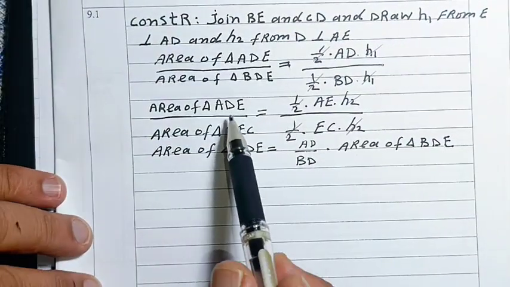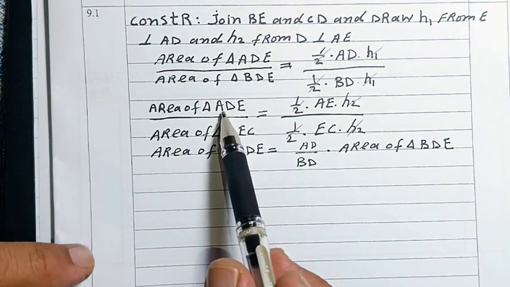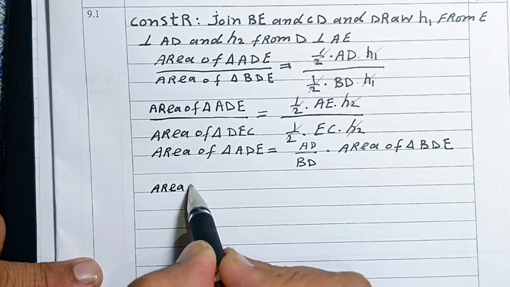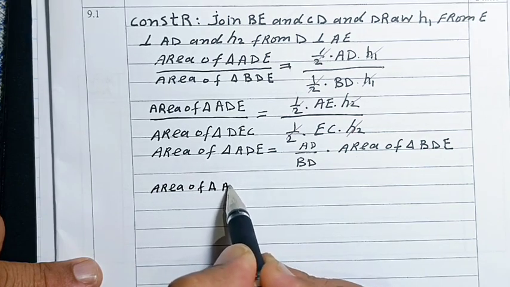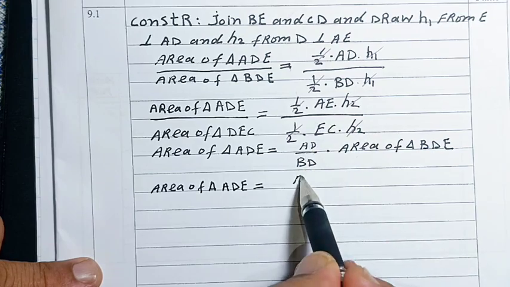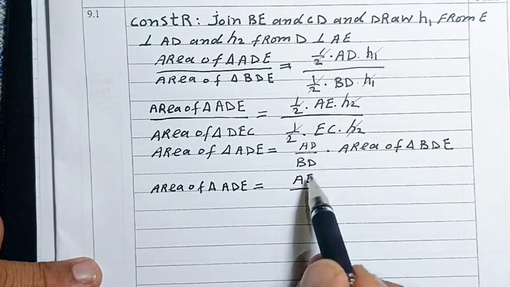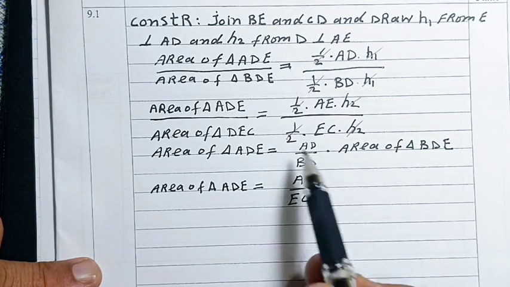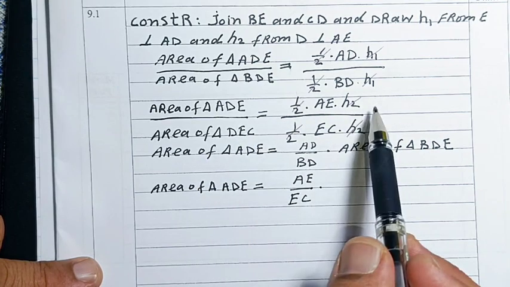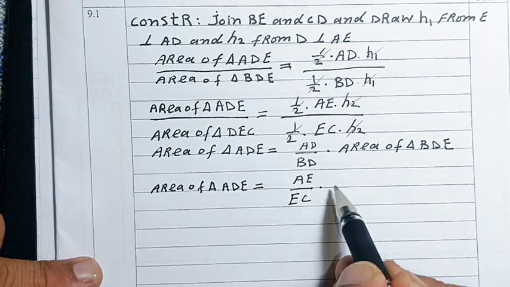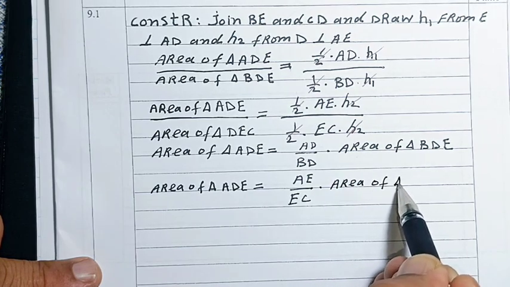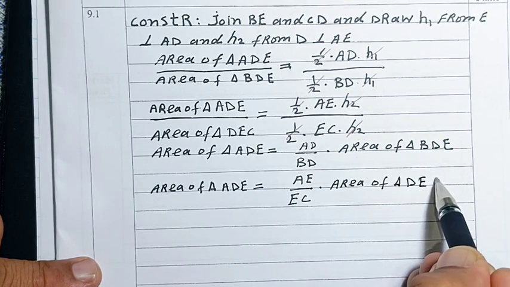So now also from here I'm going to isolate ADE. So the area of triangle ADE is equal to AE over EC, and this is division, when it moves to the right hand side it becomes times, so we multiply the area of triangle DEC.